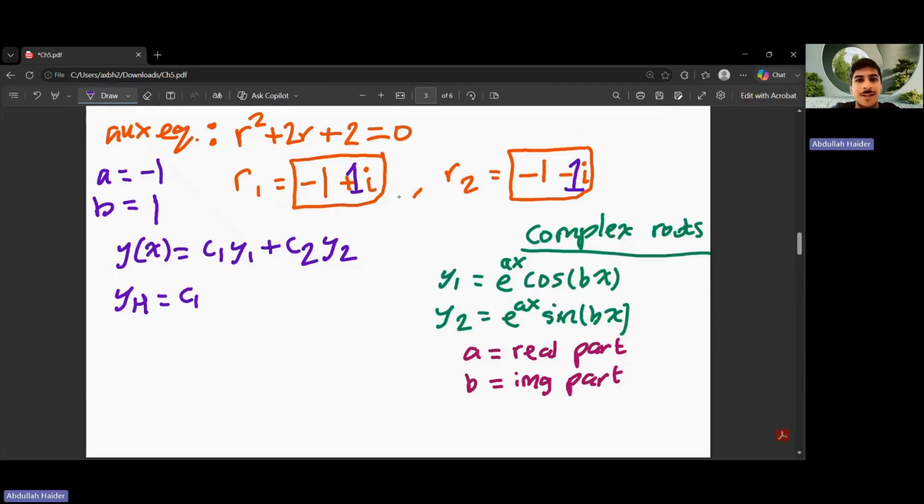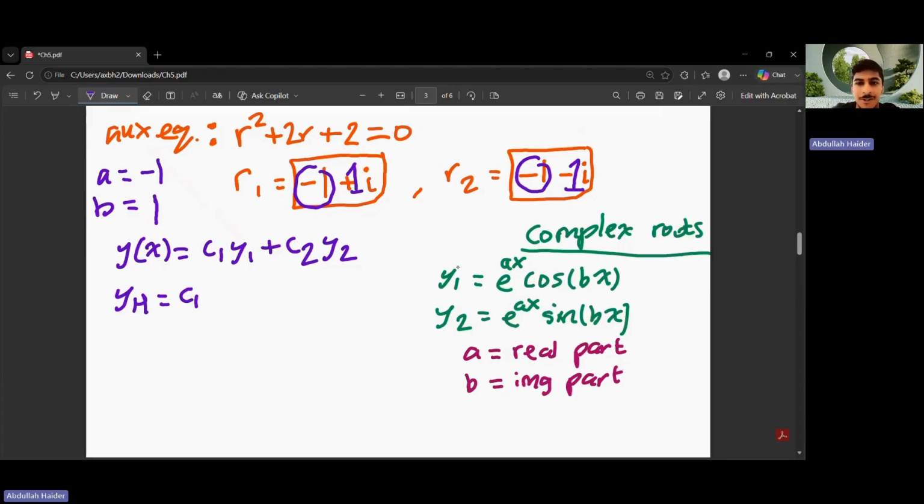Why? Because in both roots, the coefficient of i is 1, and we do not have to take the negative root because the positive root will cover the solution. So just remember that a is the real number, and b will always be the positive coefficient of the i. So we have a equals -1, b equals 1.